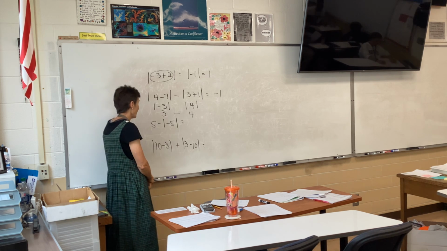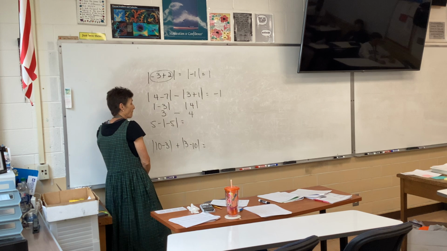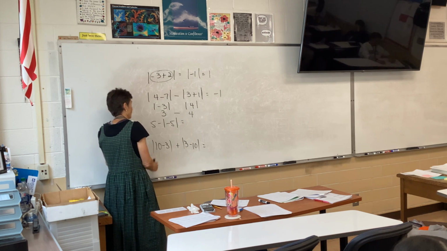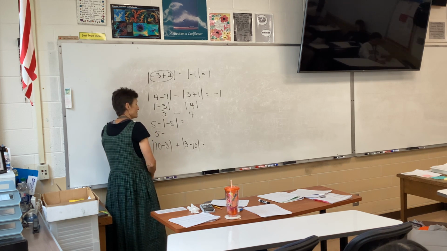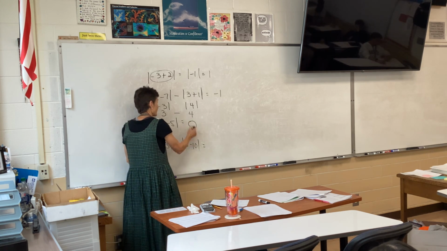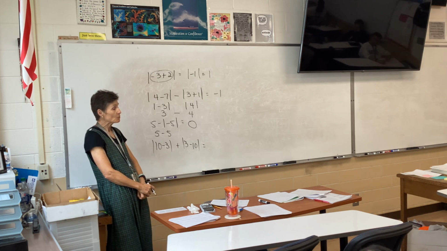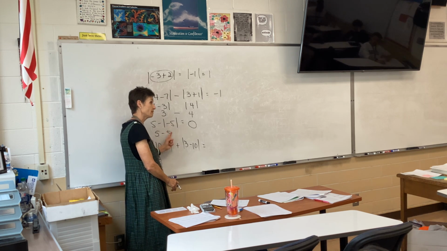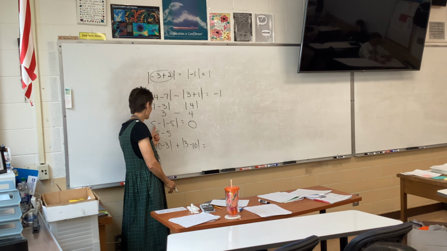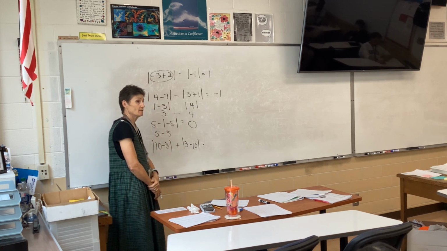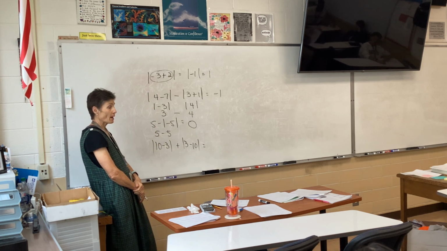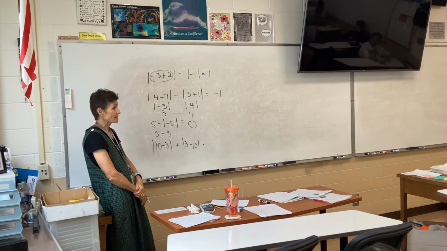All right. How about this one? 5 minus 5. Hopefully you got 0. Because the absolute value of -5 is 5. So we're doing 5 minus 5. Remember, absolute value makes every negative positive.